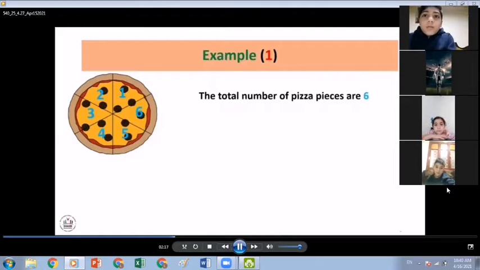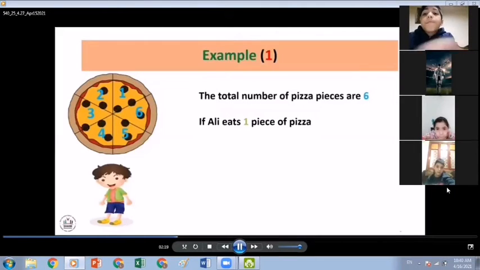If I use 1 piece of the pizza, so the number of eaten pieces equals 1. What is the fraction that represents the eaten pieces by Ali?